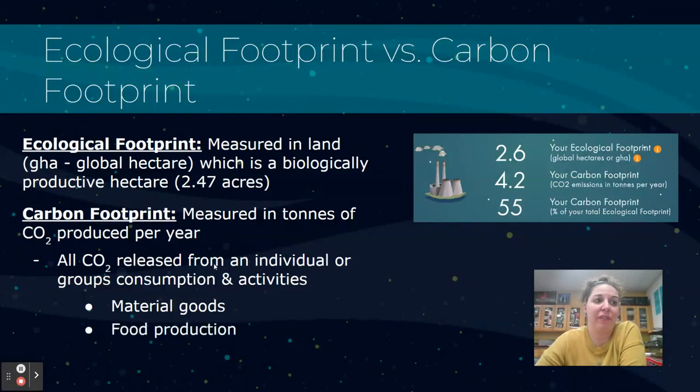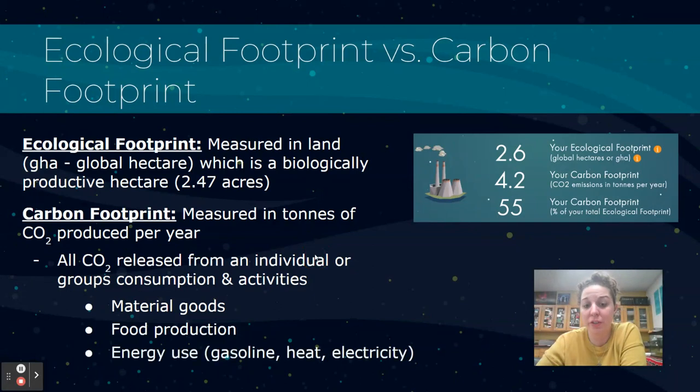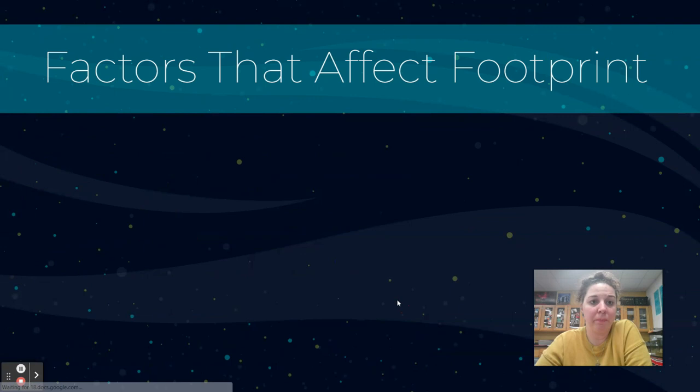Food production, we have to think about the tractors that are used to plant and harvest. Those are going to release carbon dioxide. Energy use, so gas, heat, electricity. We have to get the source to be able to do that, whether it's gas or coal. We have to get those materials, and that's going to release carbon dioxide.